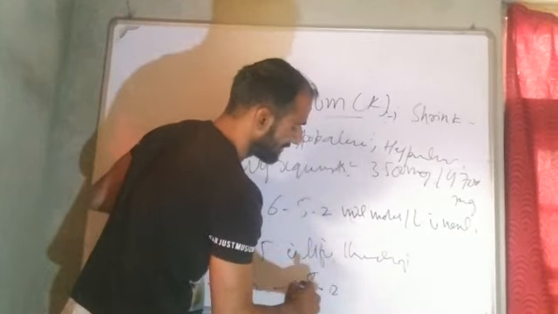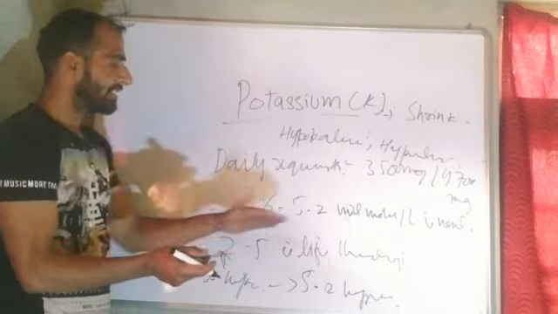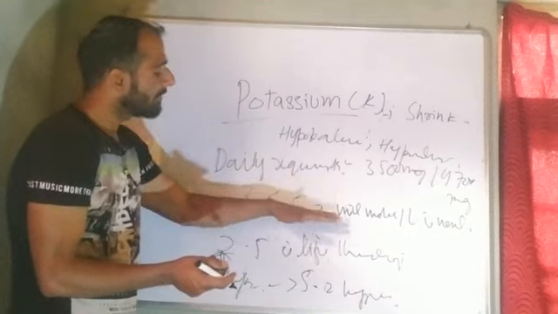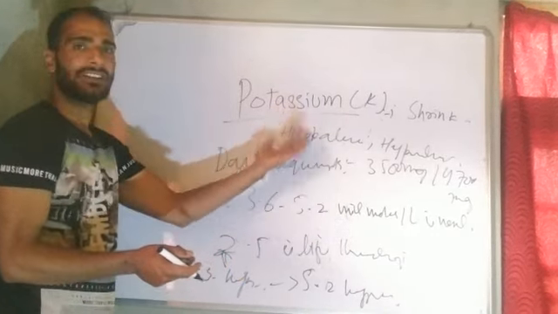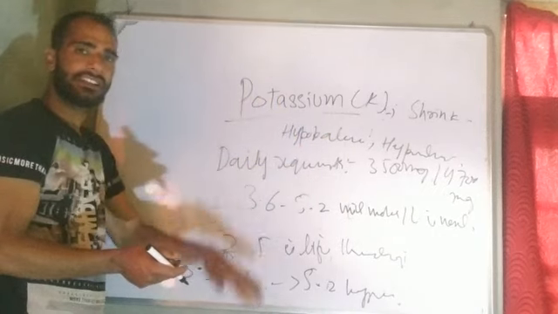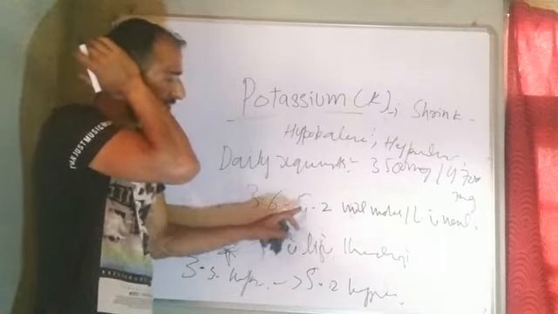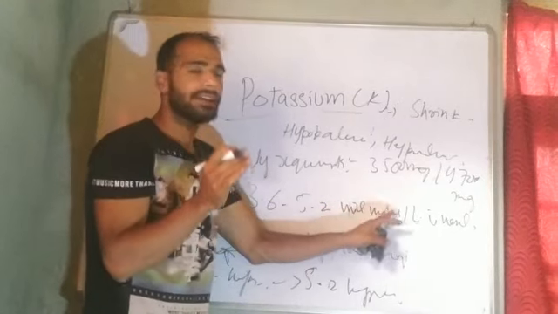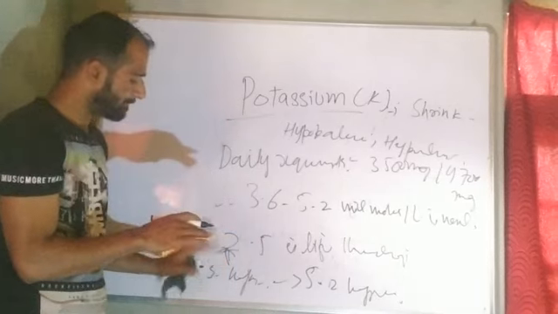And also 5.2 से ज्यादा जब जाएगा hyperkalemia, and likewise severity will increase with the increase in the volume of the potassium. जितना increase हो जाएगा उतना ज्यादा severe होगा, जितना decrease हो जाएगा उतना ज्यादा severe होगा. Okay, so normal is 3.6 to 5.2 millimoles per liter of the body fluid.